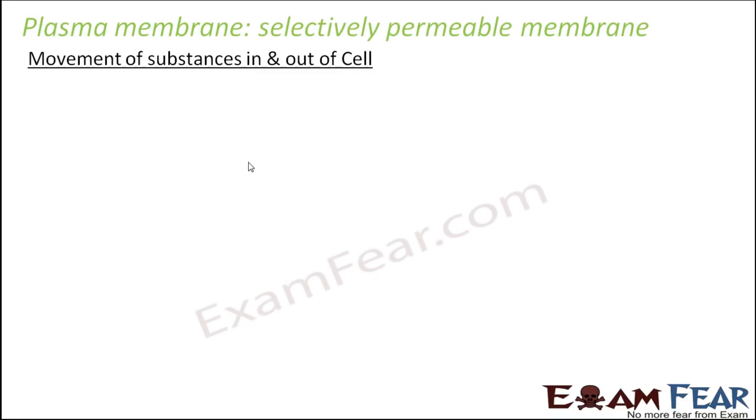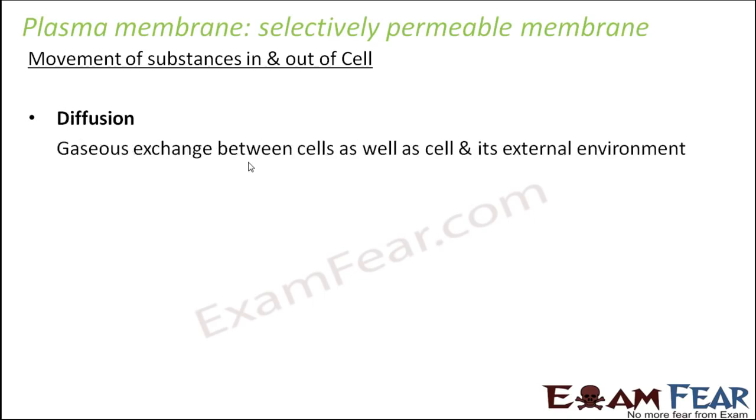How does the movement of substances take place in case of a plasma membrane? Movement of substances in and out of the cell happens by two processes: diffusion, which is gaseous exchange between cells as well as between a cell and its external environment, and the other mode is osmosis. What is the difference between diffusion and osmosis?